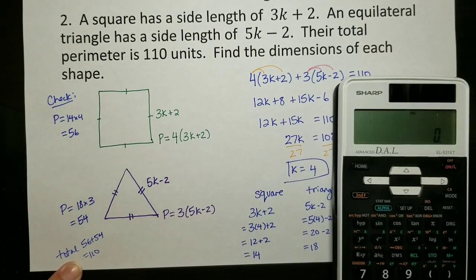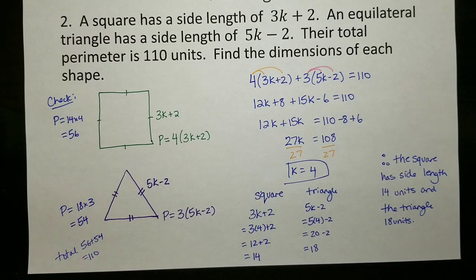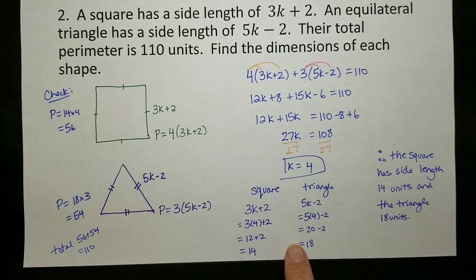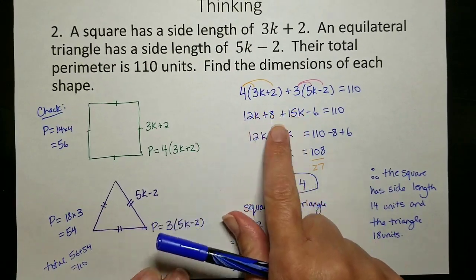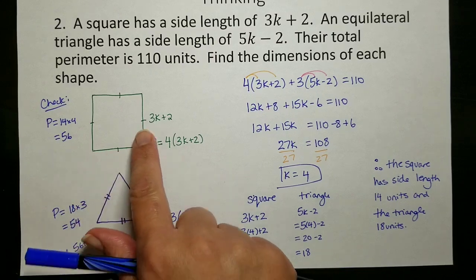Yeah, it is right. So if you did this check and you didn't get 110, then you need to go back and see, where did you make your mistake? Maybe you just made a little calculation error in here. Maybe you copied down a plus instead of a minus. Maybe you made a mistake solving the equation. But if you didn't get 110 here, you know you've got a problem. So you've got the dimensions.